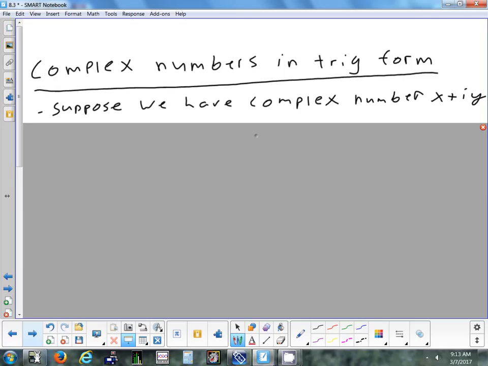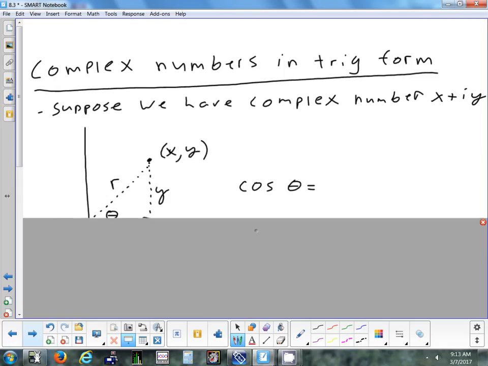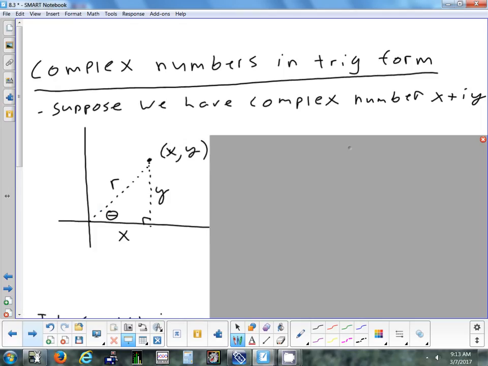If you have to add complex numbers or subtract them, standard form is fine. If you have to graph them, standard form is fine. But more complicated things like multiplication, division, raising to a power, and taking roots, standard form is not the best way to do it. All right, so let's take a look at this diagram.